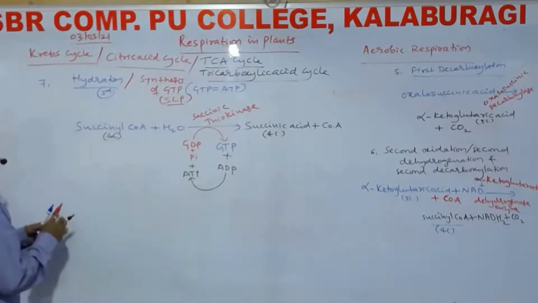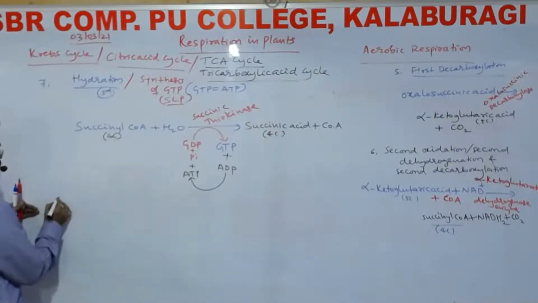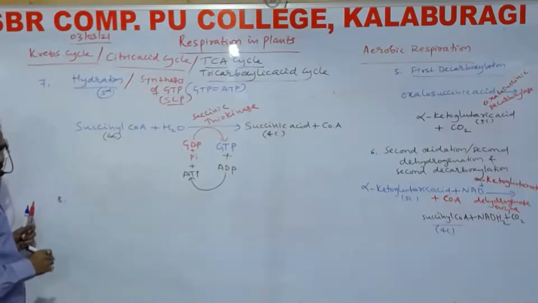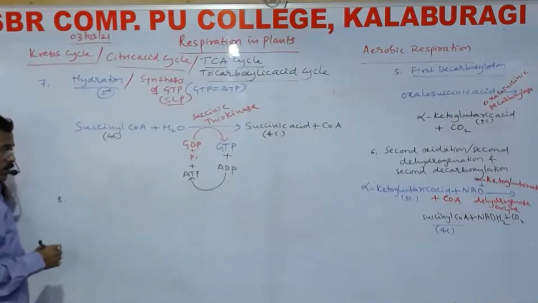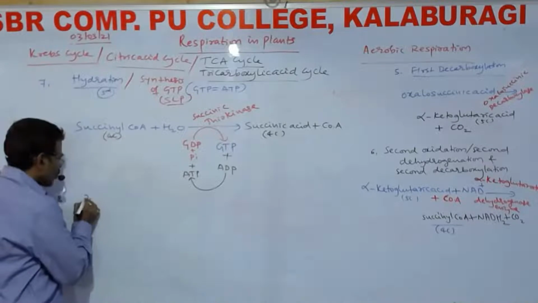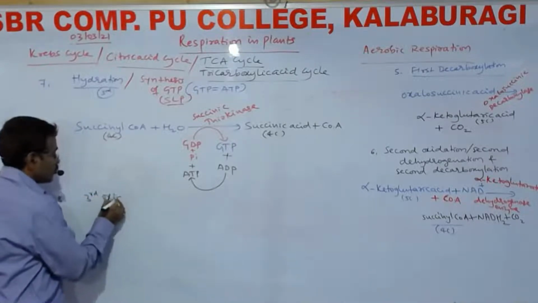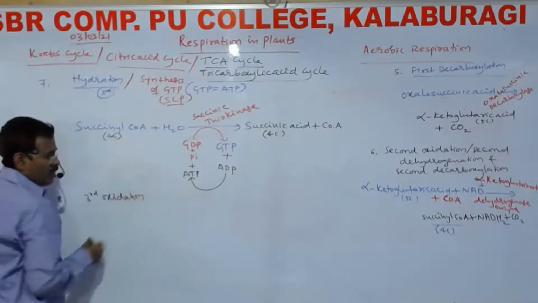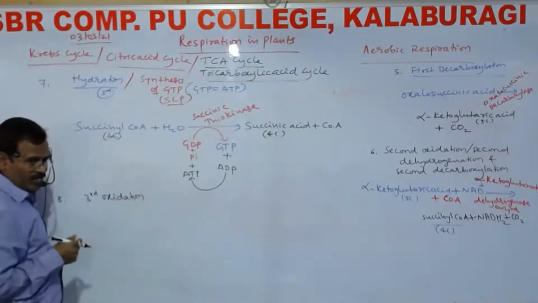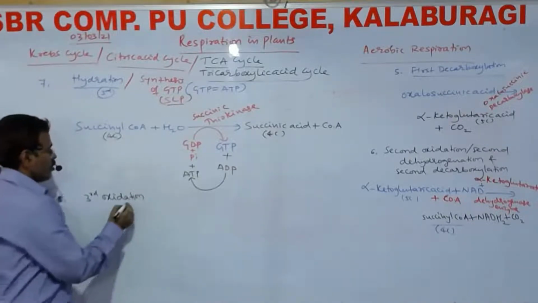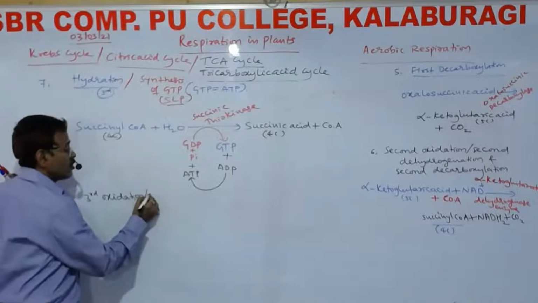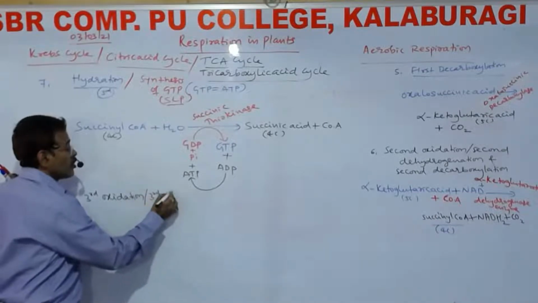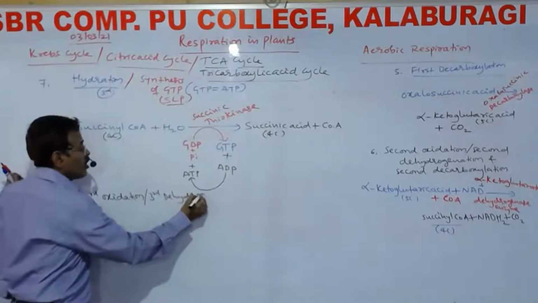Now, step number 8. It is the third oxidation. Already oxidation occurred in the 4th step and in the 6th step. Third oxidation, or it is also called the third dehydrogenation.